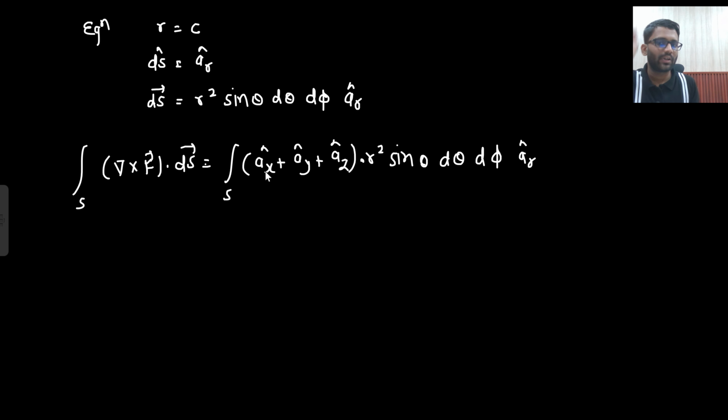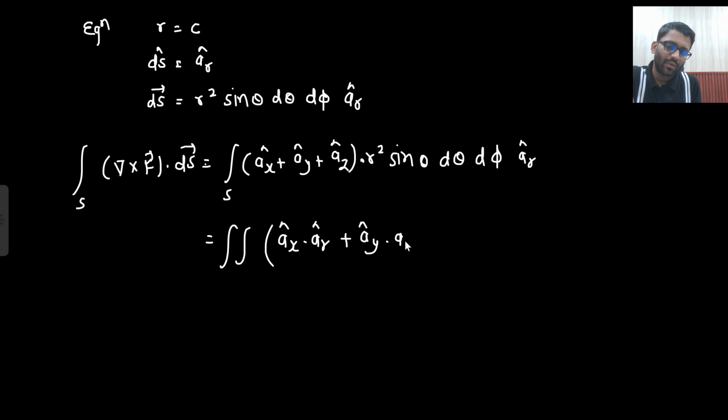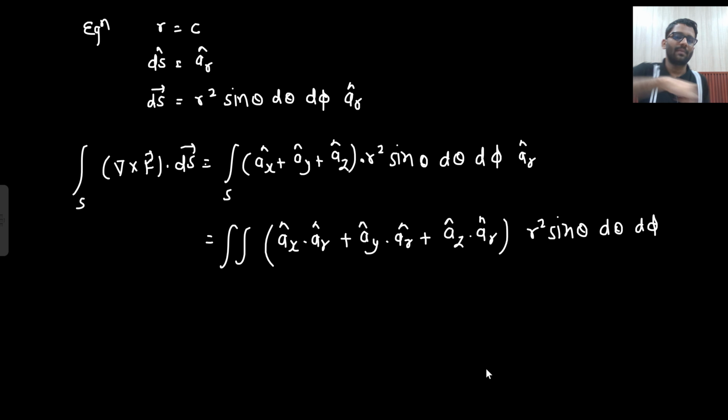So basically a dot product is there: Ax cap dot AR cap plus Ay cap dot AR cap plus Az cap dot AR cap, times R square sin theta d theta d phi. Okay, limits you need to put for theta and phi. So theta is going from where to where? Theta is going from 0 to pi by 2, right?